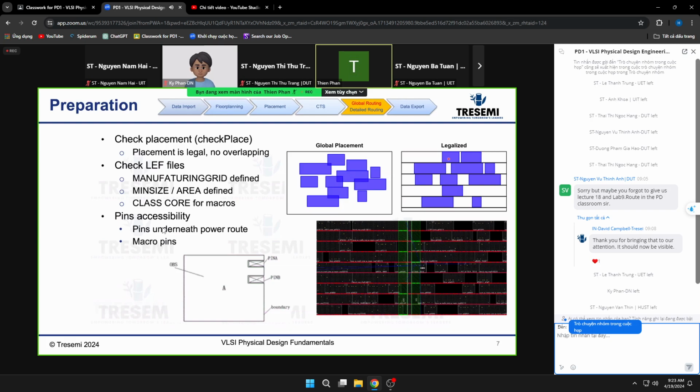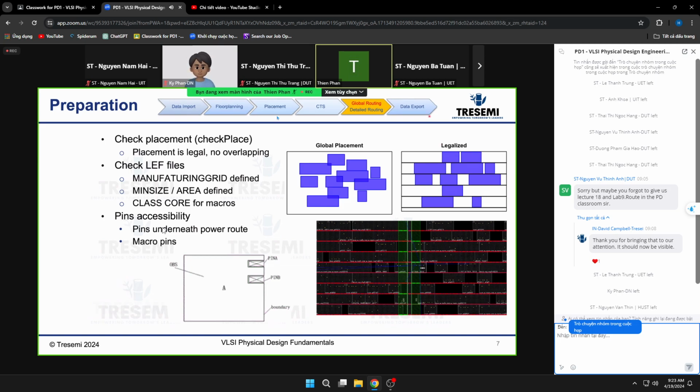Sometimes you run and you have a lot of issues with the macro. It could be unconnected, or it has a lot of DRC violations because the abstract for the macro was not created correctly.